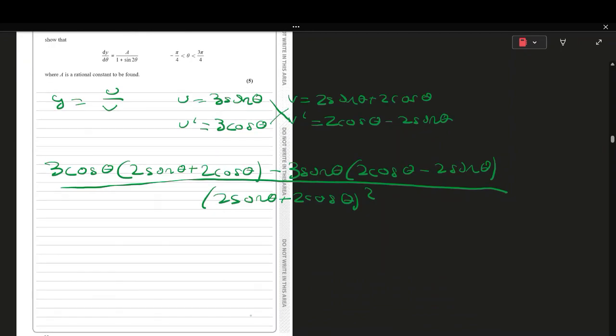So if we just expand these brackets, we get 6 cos theta sine theta plus 6 cos squared theta.